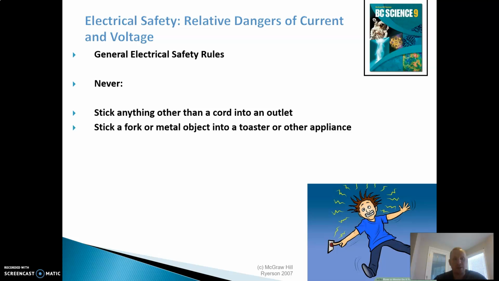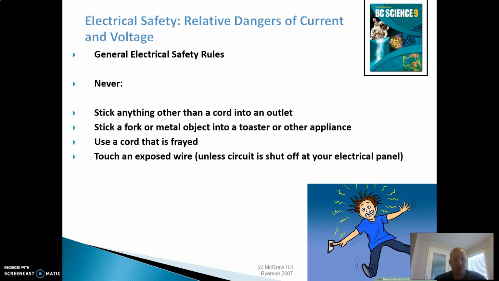Never stick a metal object into a toaster if you're having trouble getting your toast out. Never use a cord that's frayed, so it's kind of broken in little parts. Never touch an exposed wire unless you know that the circuit is shut off, unless you've shut it off in your electrical panel and you've tested it with either an ammeter or a voltmeter.